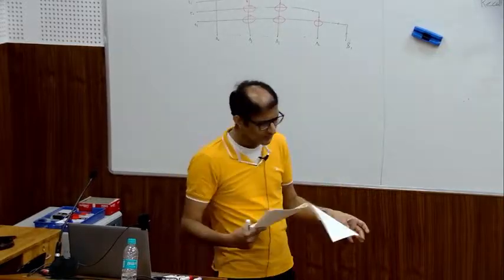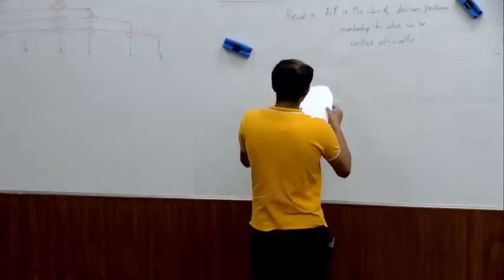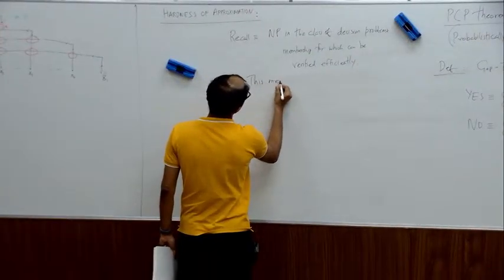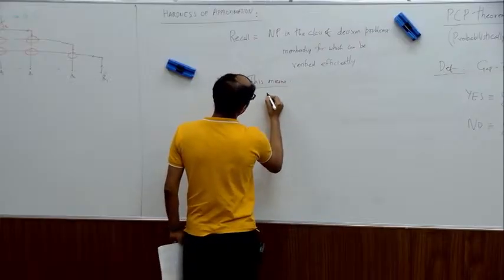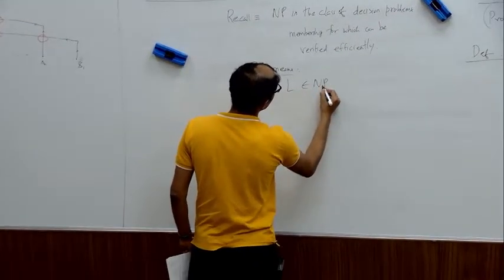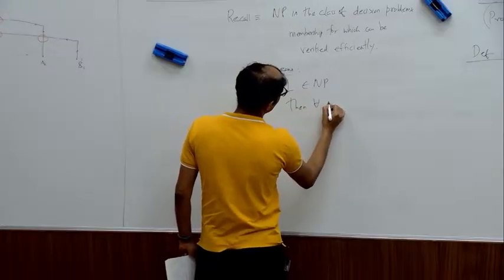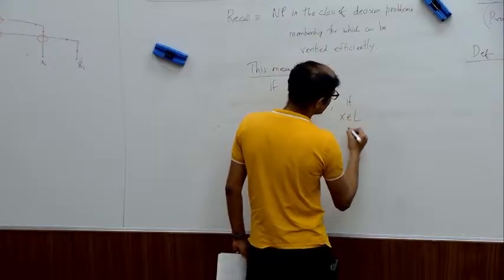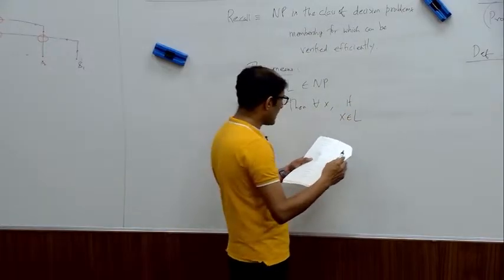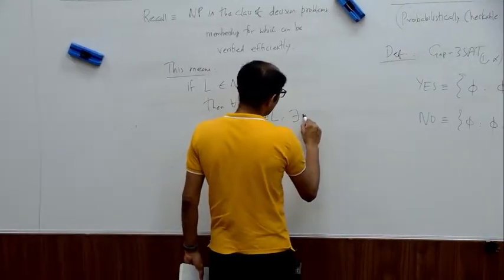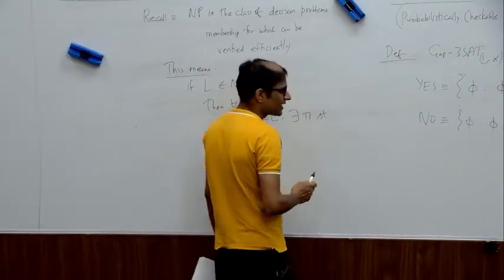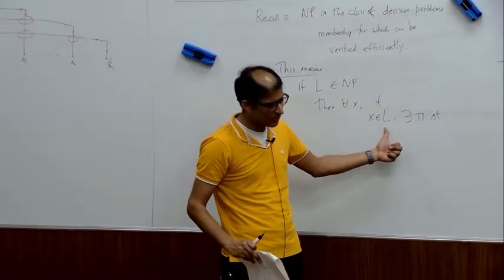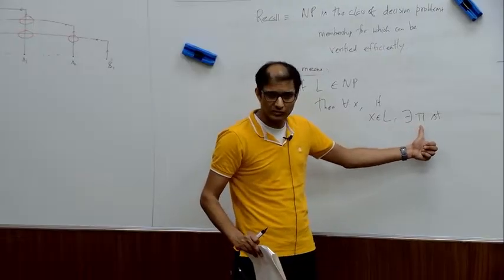Okay, so let's see what this view is telling us. This means that if my language L belongs to the class NP, then for every string x, if x belongs to my language, there exists a proof pi, or an assignment pi, such that, since x is a 3-SAT instance and L is the 3-SAT problem, pi is an assignment to the 3-SAT formula.